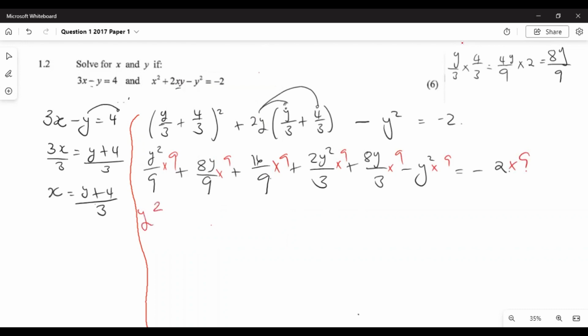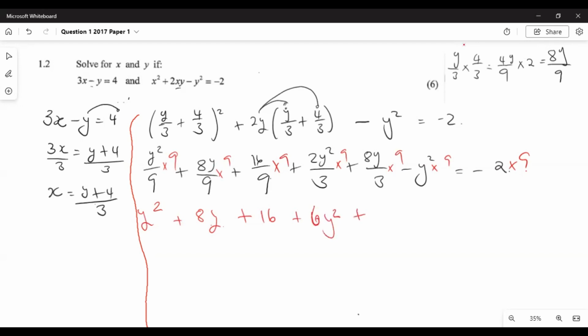Here we'll just get y squared plus 8y plus 16. That should give us 6. Let's just make sure with our calculators. 2 over 3 multiplied by 9, giving us 6y squared.